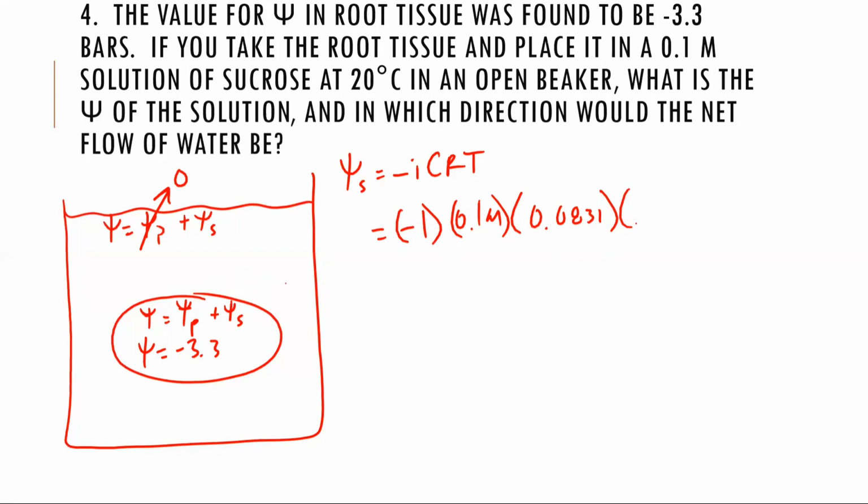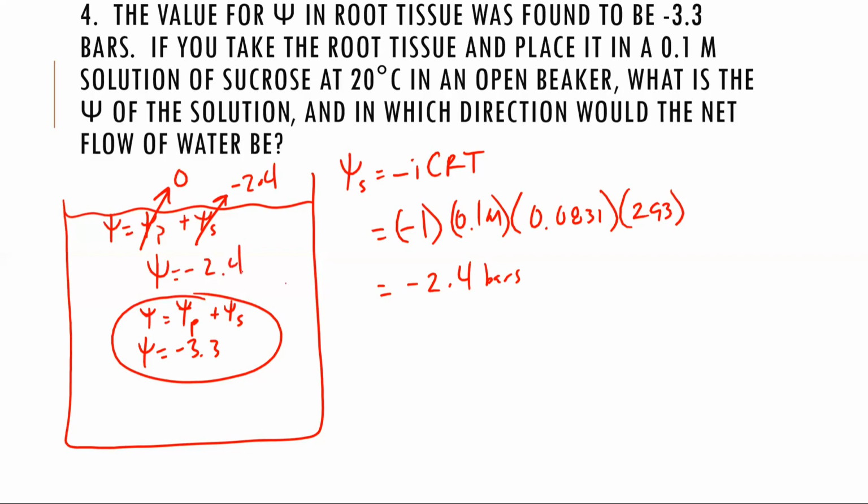And then we have our T, which is 20 degrees Celsius, which would make it 293. We're going to do all this algebra, and this is going to equal -2.4 bars, right?